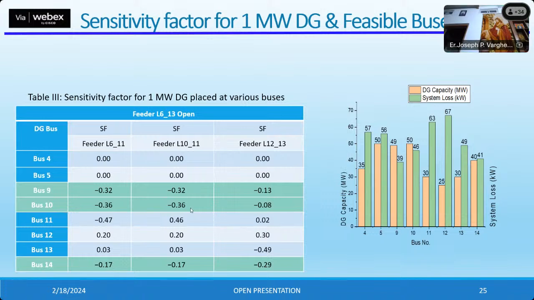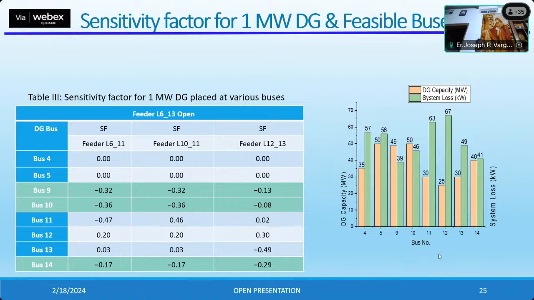That means due to the penetration of DG, the flow is reduced in these feeders. Before, lines 6-11 and 10-11 were congested lines, but due to the penetration of DG at bus number 9, the flow has been reduced in these three cases. Hence, we are grouping bus number 9, 10, and 14 as the feasible buses.